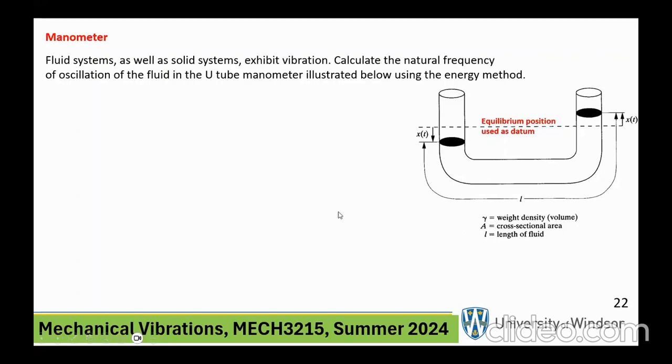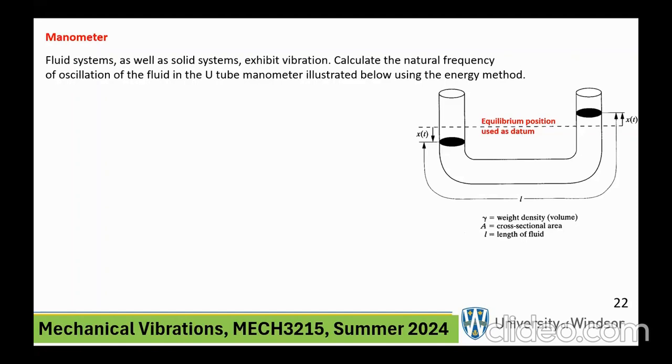Now, we also want to see how the restoring force works. Remember, here we don't have a spring. We want to find the natural frequency, but we also want to get this based on the energy method. This has nothing to do with the mass of the spring, taking a third of it, etc. It's just that we want to get this equation, the natural frequency of vibrations of this system that we did last week, based on energy consideration.